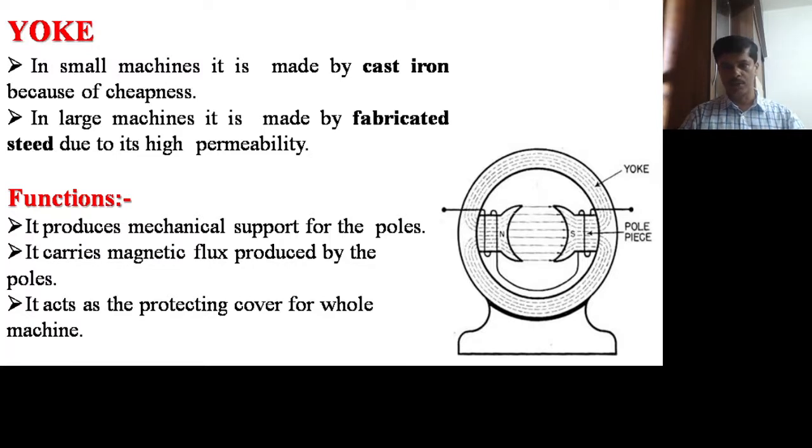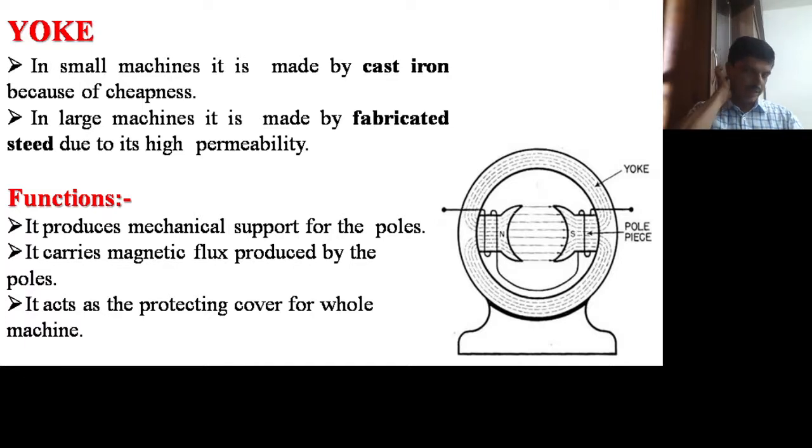Once the pole core is constructed, it is fixed to the magnetic yoke with the help of rivets or countersunk screws, and the yoke creates a magnetic path for carrying the flux from the magnetic field.